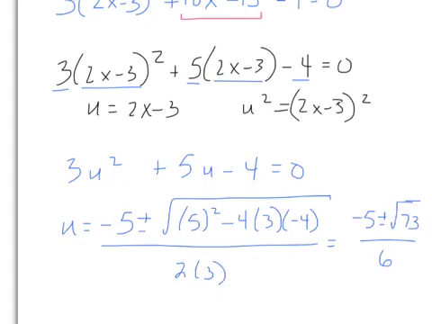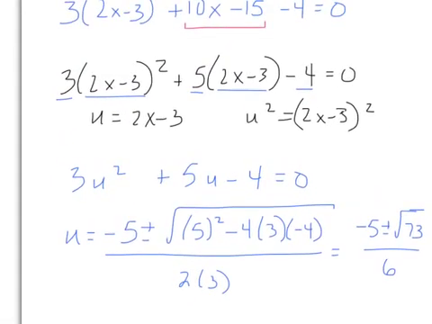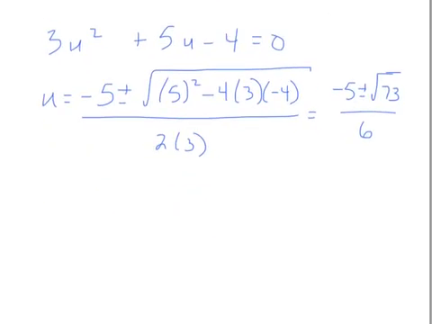Now, with those two solutions for u, we have to think about what these values are as decimals, because we're going to have to find x. Remember that u is defined as 2x minus 3, so we have to set 2x minus 3 equal to this whole quantity. We're not going to want to solve that with a radical, so let's figure out the decimal approximations of u.